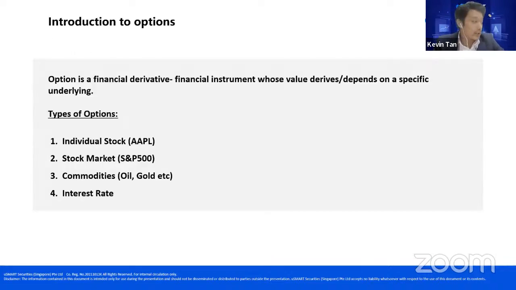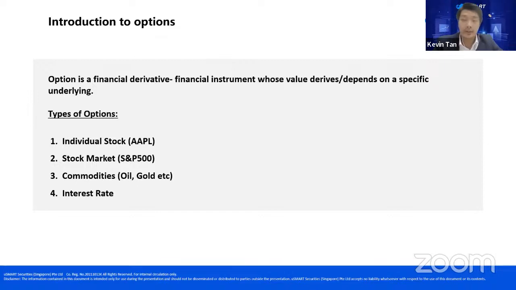So just a very quick introduction to options. What exactly is option, right? Option sounds like a very big word, but in essence, options is what we call a financial derivative. It sounds like a heavy word, but what it really means is that it is just an instrument whose value is actually dependent on any specific underlying.